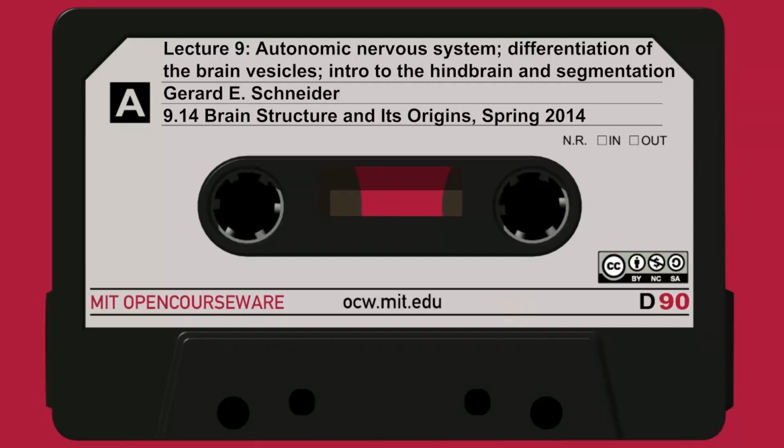All right. So now we can get to the hindbrain. We have enough time, I think, to introduce the hindbrain and talk about segmentation of the hindbrain. And I particularly want you to learn about the differences between hindbrain and spinal cord. I call the hindbrain a glamorized spinal cord.